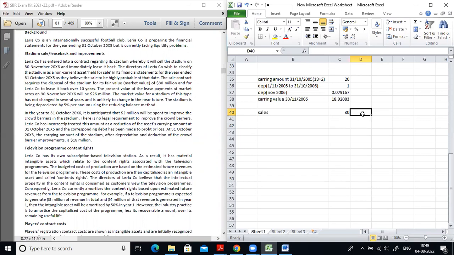So what will be the right of use asset here? They clearly mention that the present value of the lease payments at market rate on 30th November 2006 will be 26 million. So our right of use asset will be, I request you to please let me know what will be the value.